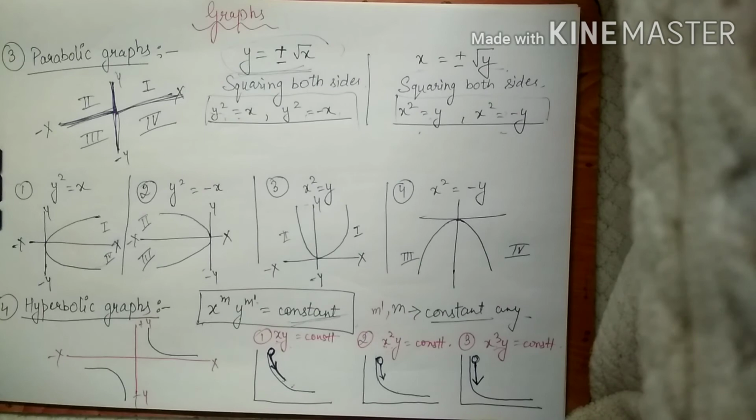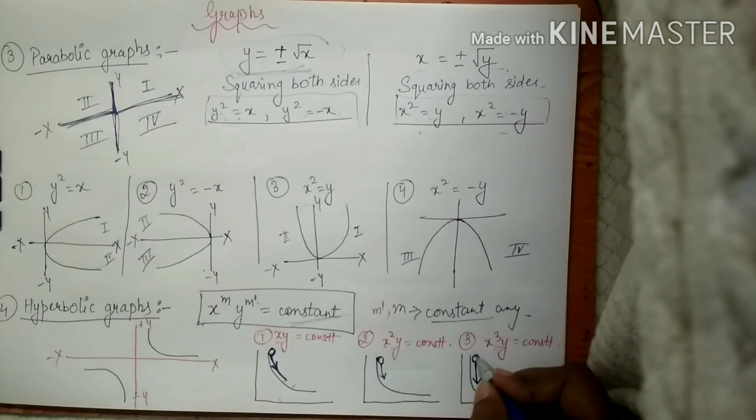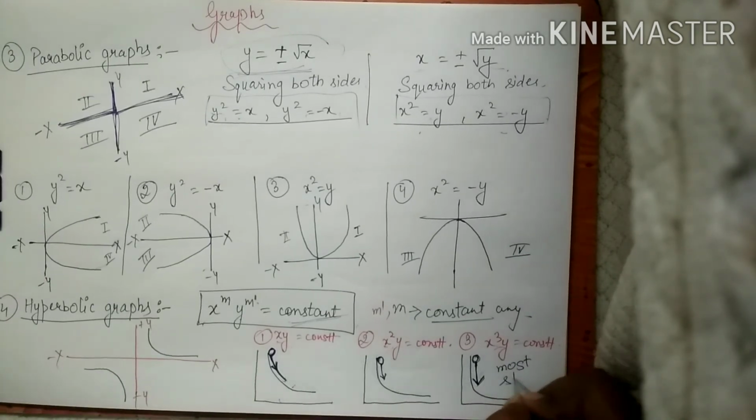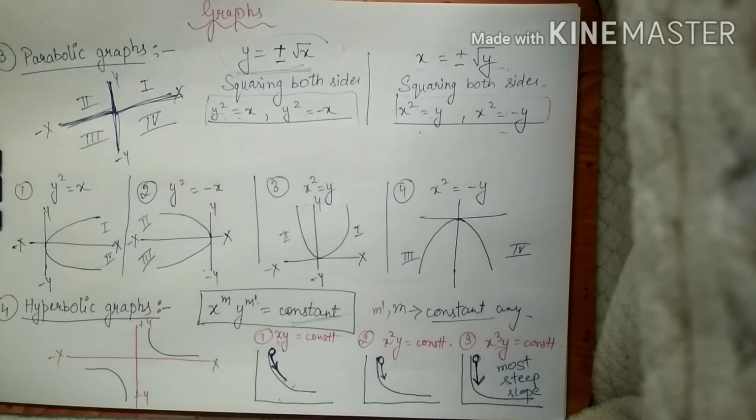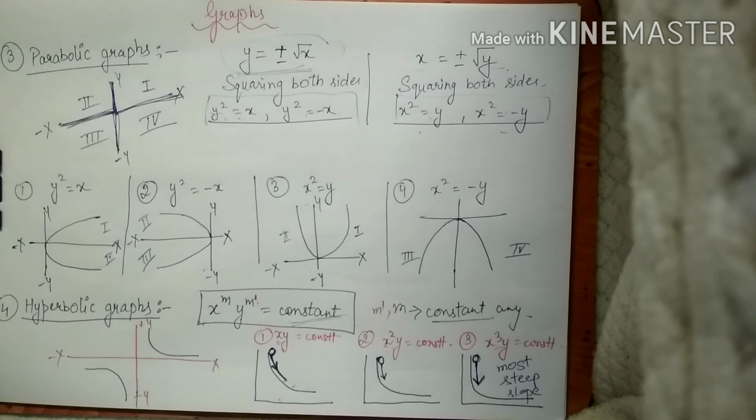Okay, so here what is happening, there is change in the slope, right? Here the slope is most steep. So as the value of this power increases, the slope becomes steeper, right? This is what we observe when we see a graph for hyperbolic curves.